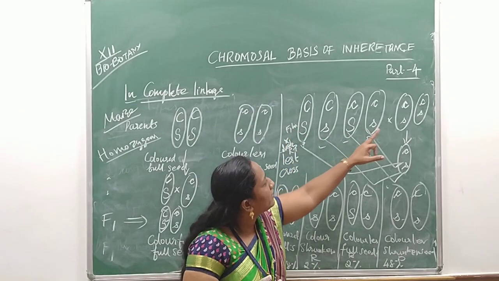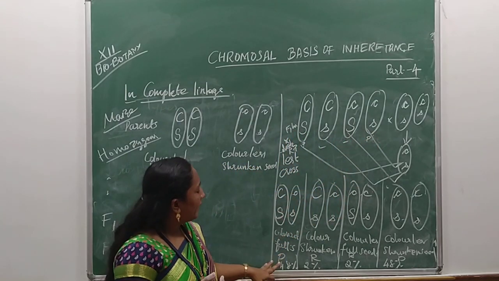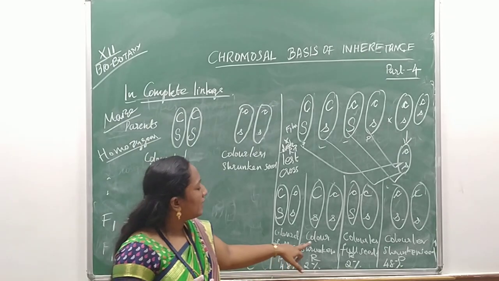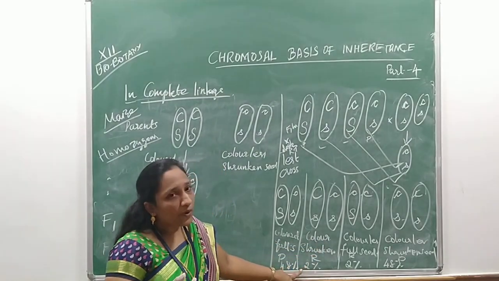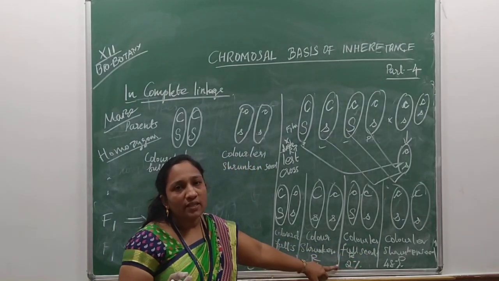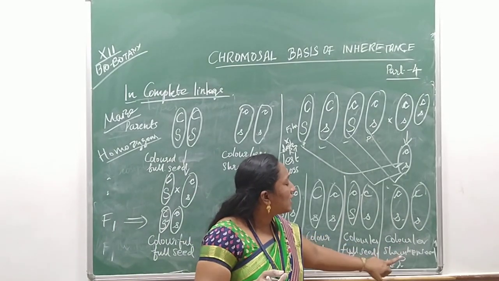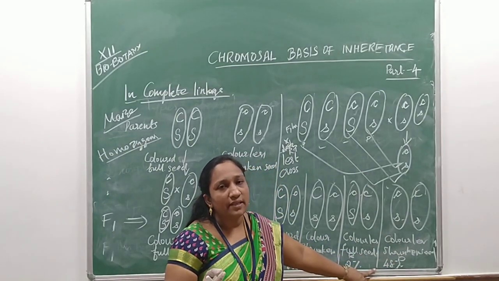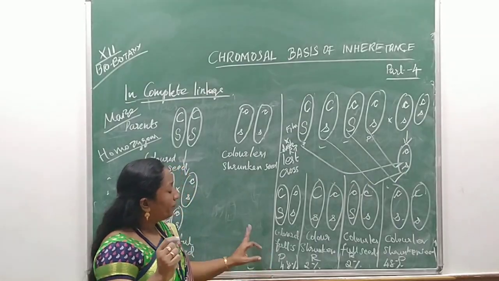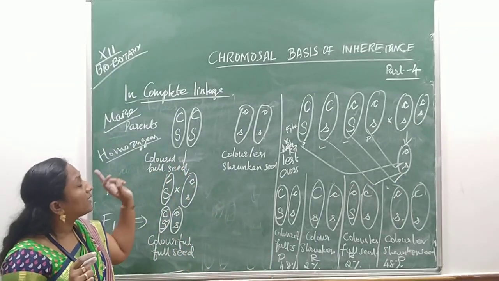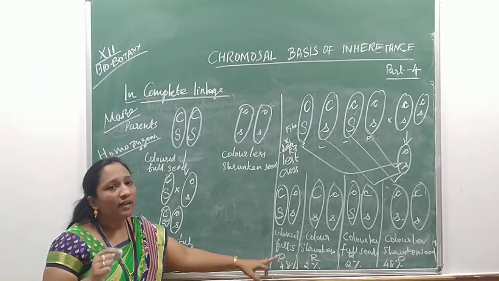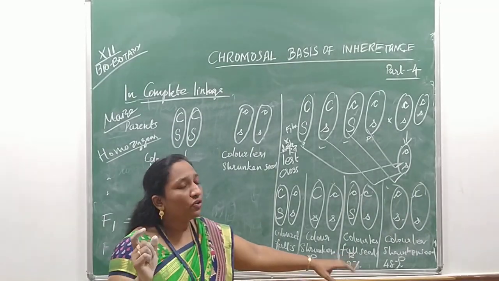If we cross with the double recessive parent, we get colored full 48% as parental character, colored shrunken 2% recombinant, colorless full seeded 2% recombinant, and colorless shrunken 48% as parental character. In complete linkage the ratio is 1:1, and in incomplete linkage we get 48:2:2:48.